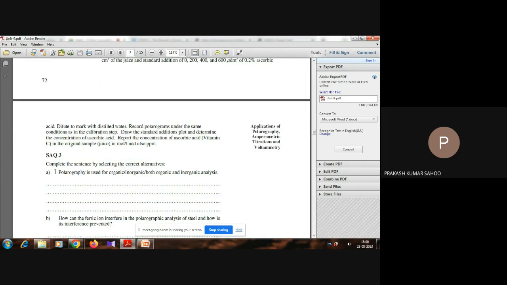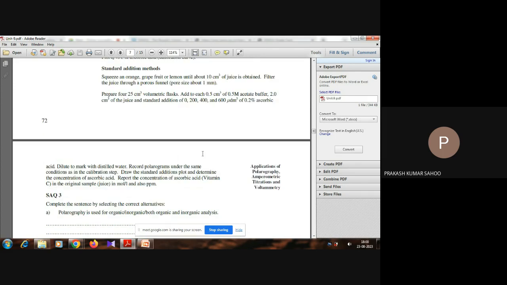Dilute to the mark with distilled water. Record the polarogram under the same conditions as in the calibration step. Draw the standard addition plot and determine the concentration of ascorbic acid. Report the concentration of ascorbic acid, that is vitamin C, in the original sample in moles per liter, and also in percent.